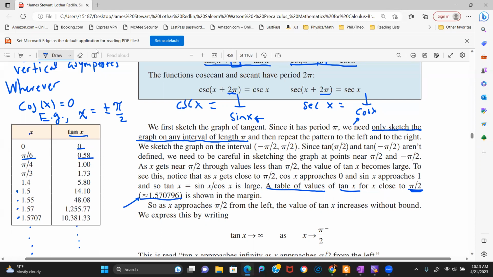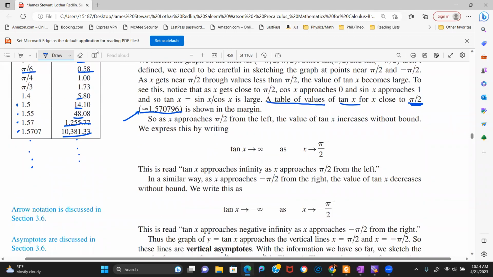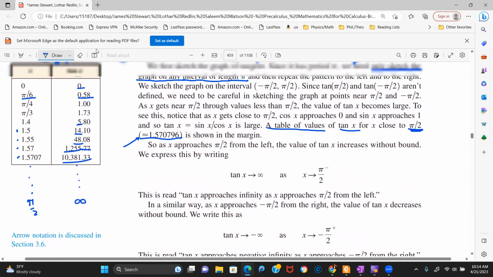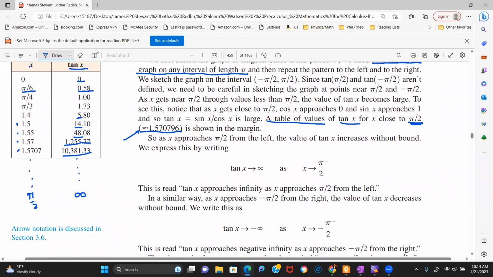So we have 0, 0.5, 1, 1.5, 14, 48, 1,255, 10,000, etc. As you go down, as you get closer to pi over 2, the tangent of x is going off to infinity. So that's one way to see it. So here they summarize this table right here.